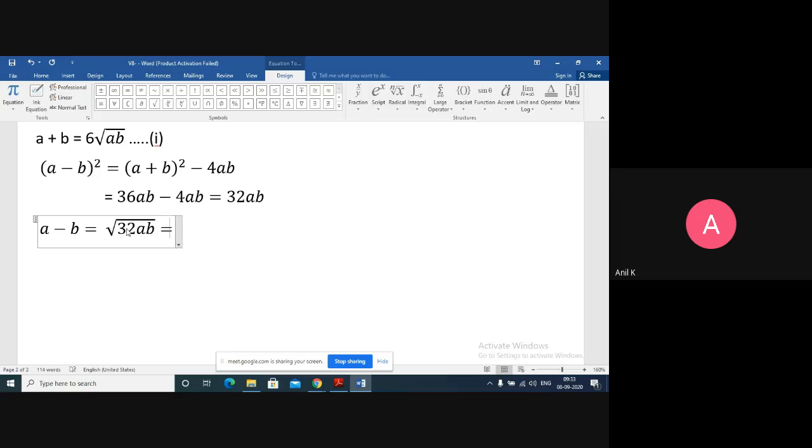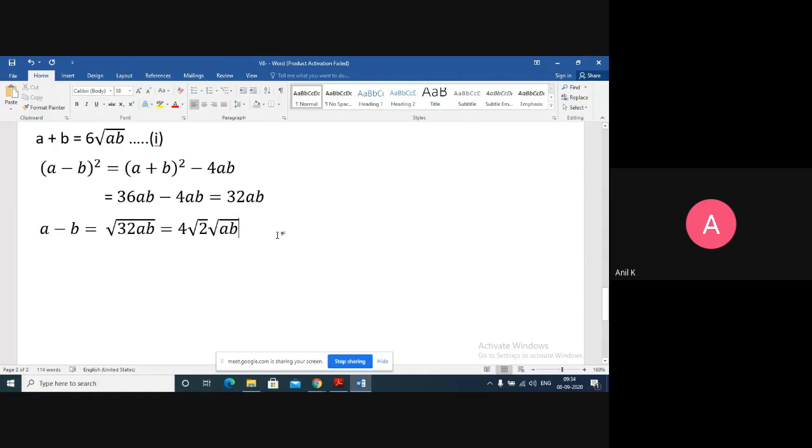So under root 32AB you can write as 4 root 2 into root AB. You can write 4 under root 2AB, but I want to write it as 4 root 2 into root AB.